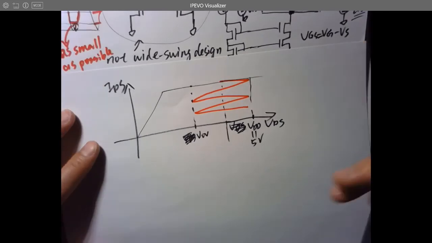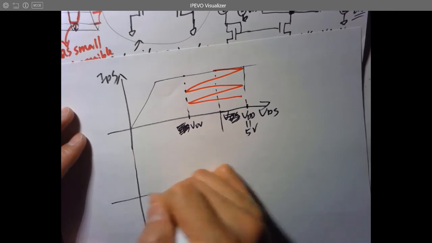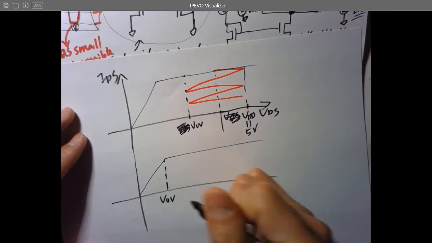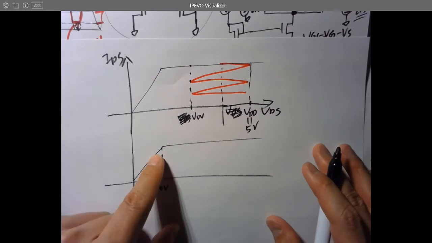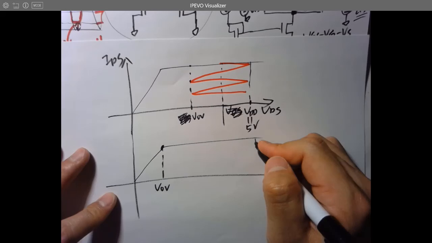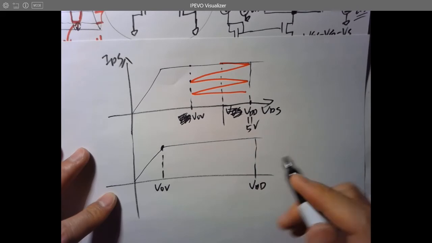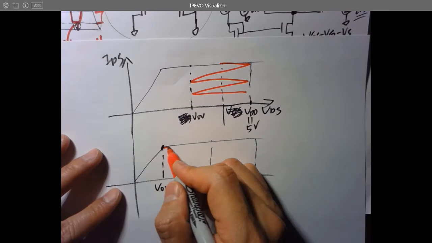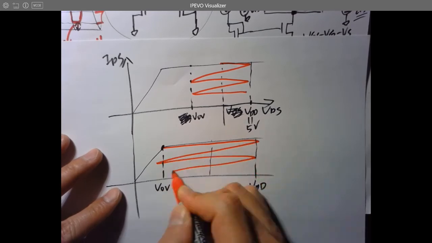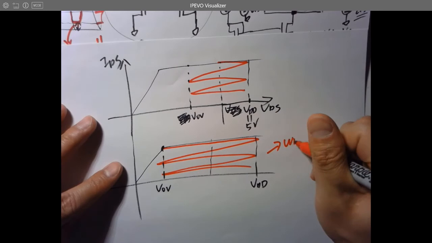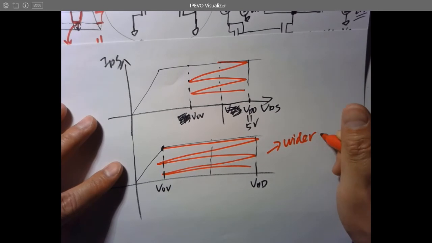However, if you bias your transistor right after this triode region, and here's VDD still, and you can swing your signal like this. So definitely, which one has a wider range? This one has a wider swing range.